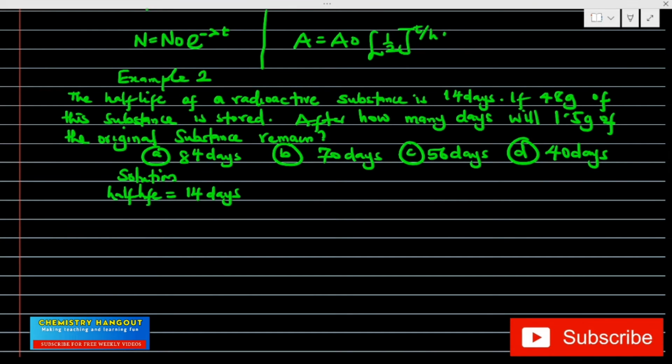They now said if 48 grams of the substance is stored, meaning the amount we started with, which is our N naught, the initial amount we started with, was 48 grams.